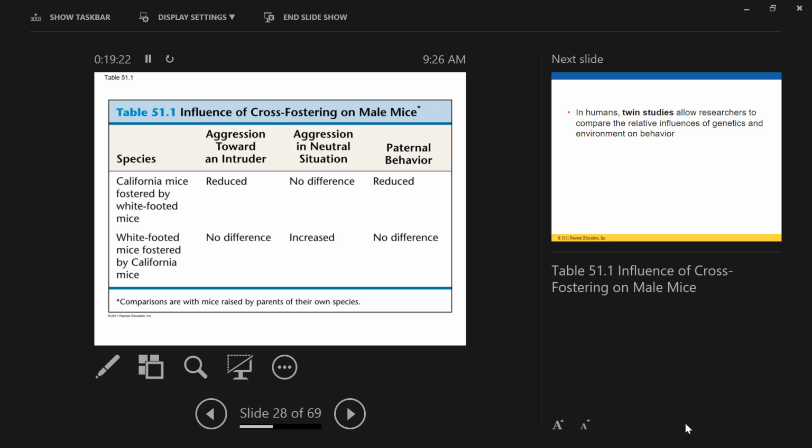And so this is a wonderful way to actually test whether it's an innate or a learned behavior. And there are some of these studies done in humans, and they do it with twins.